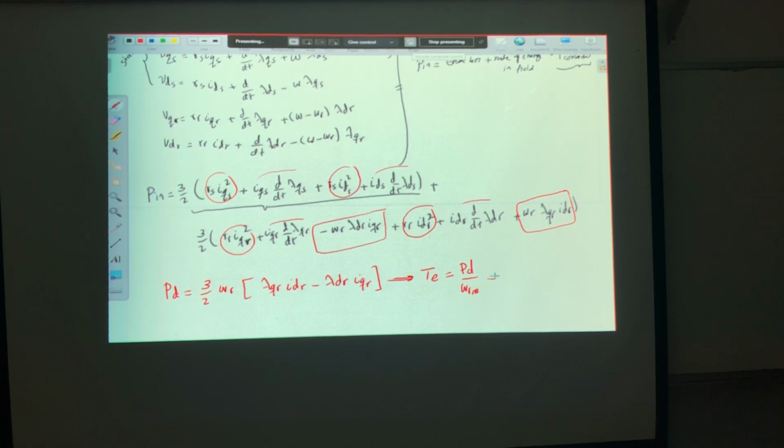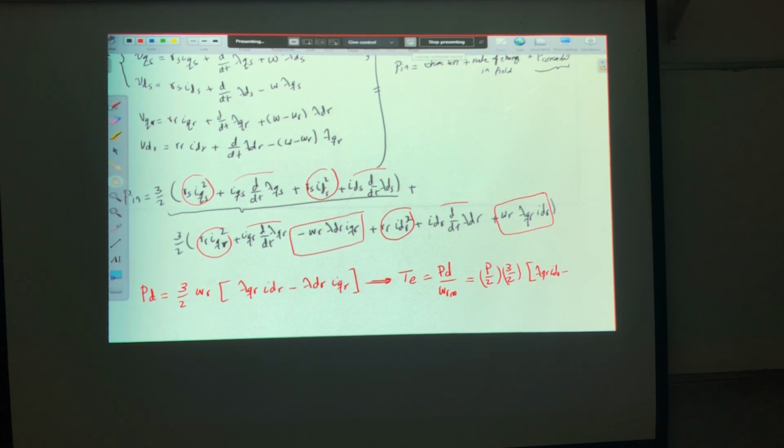So this will equal P over 2, 3 over 2, and in the end of the day, I'm having lambda qr idr minus lambda dr iqr, which means that here I'm having the torque expression, correct? In terms of the rotor variables.